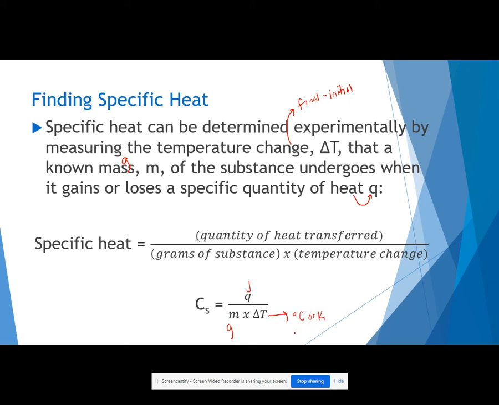It doesn't matter since we're finding a difference. Both of these temperature scales go up by 100, from 0 to 100. So it doesn't matter which one we have it in. Okay. And that is why typically for specific heat, we get the unit joules divided by grams times Kelvin, or it could be grams times Celsius.